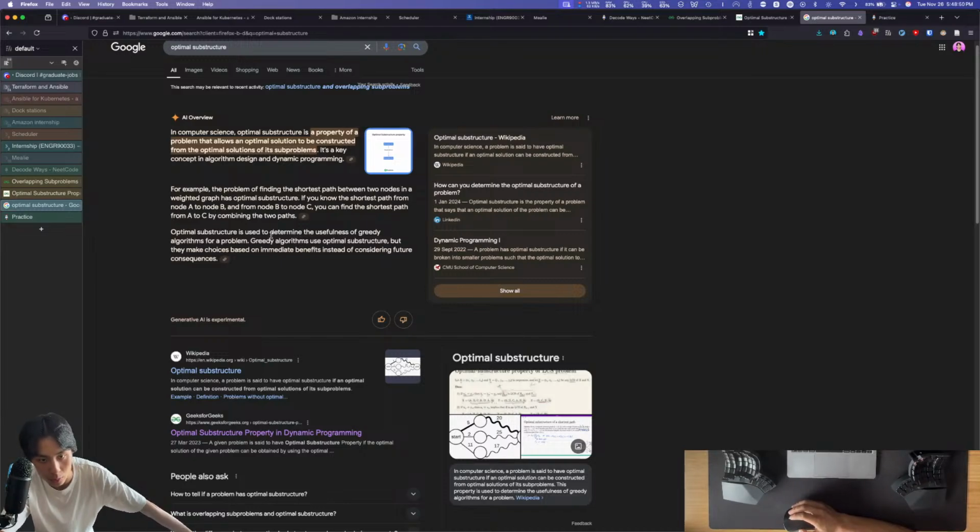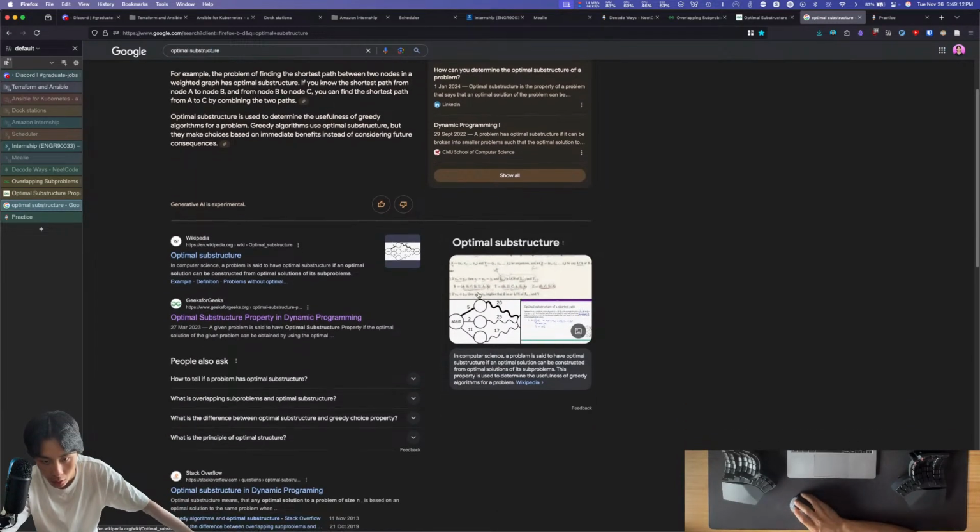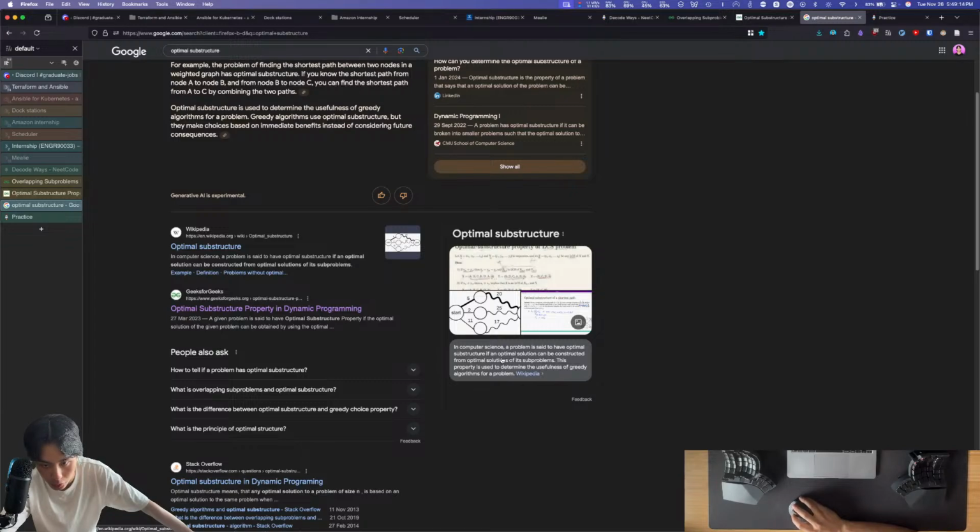If you know the shortest path from node A to B and from node B to C, you can find the shortest path from A to C by combining the two paths. Optimal substructure is used to determine the usefulness of greedy algorithms for a problem. Greedy algorithms use optimal substructure, but they make choices based on immediate benefits instead of considering future consequences. In computer science, a problem is said to have optimal substructure if an optimal solution can be constructed from optimal solutions of its subproblems.